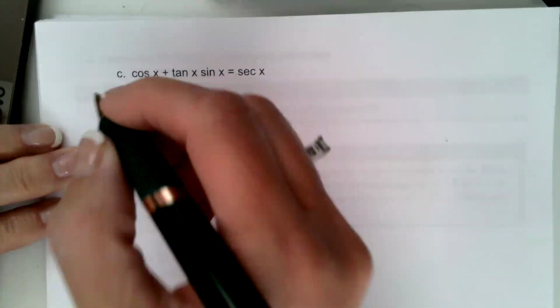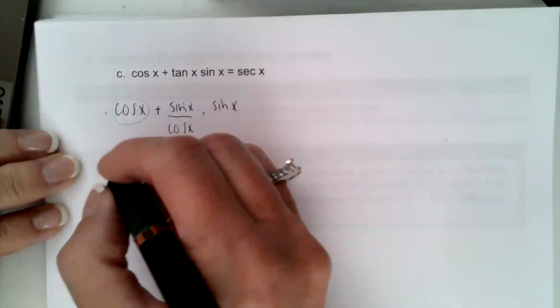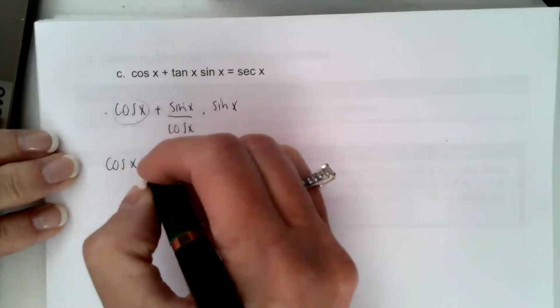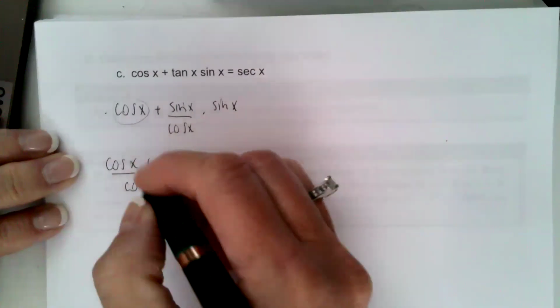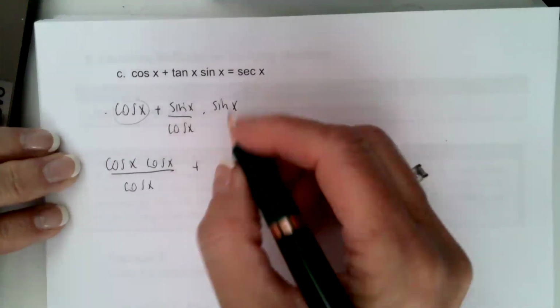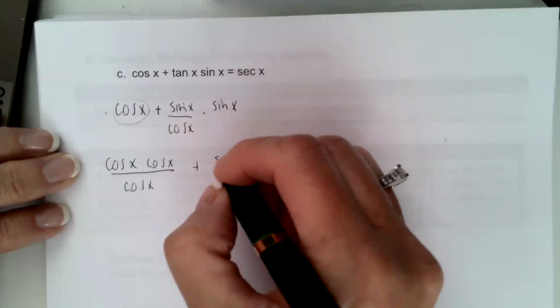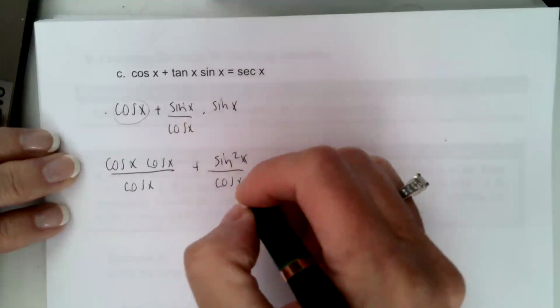So I'm going to multiply this by cosine x over cosine x, so that's my common denominator. Plus I have sine x times sine x, so that's sine squared x over cosine x.